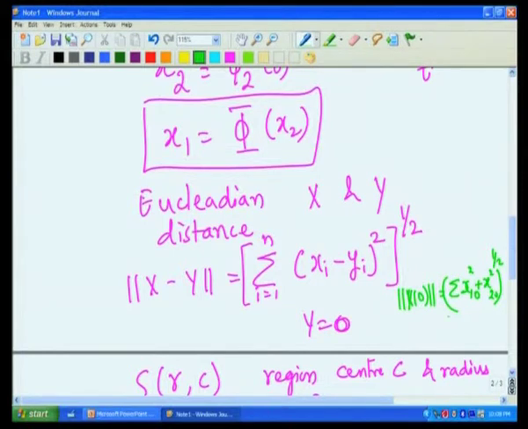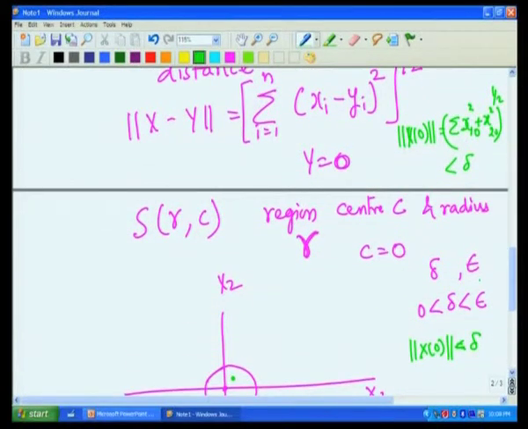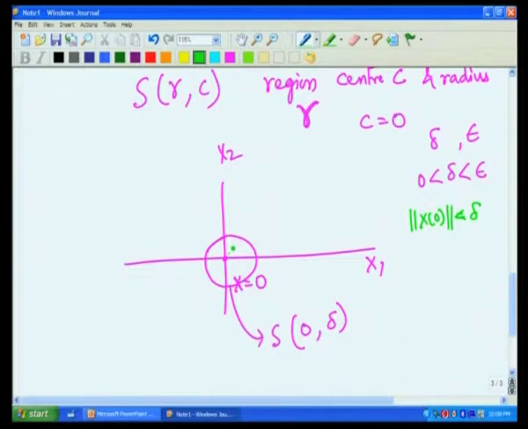So, this being less than delta, which for a two dimensional system is represented by this point delta, all my x of t, what is my x of t? Norm of x of t is nothing but x1 of t the whole square plus x2 of t the whole square, because our other point is 0, raised to half, remains within this circle of radius epsilon.